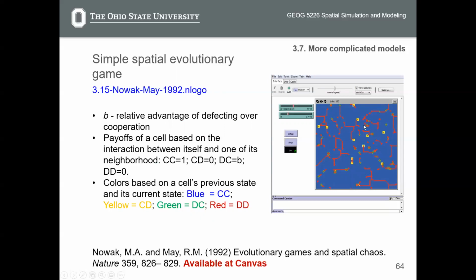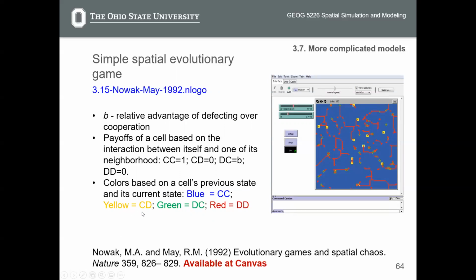How about those colors of cells? Colors are based on a cell's previous state and its current state. If it is blue, it means the previous state of the cell was cooperating, and the current state is also cooperating, which means it's a very friendly player.